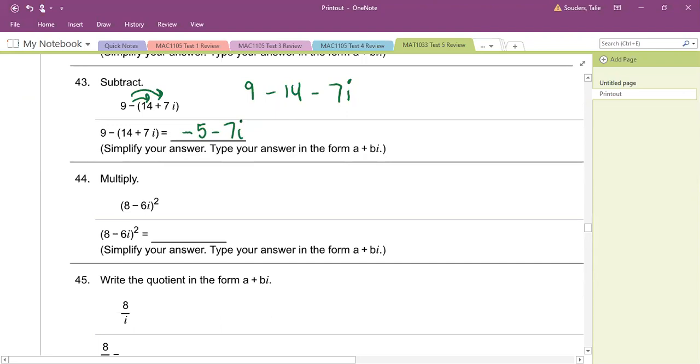Very, very good. What about number 44? How would you approach that? You would write it out to where it's like two of the same things. Very good. So 8 minus 6i times another 8 minus 6i, and then we're going to FOIL it.